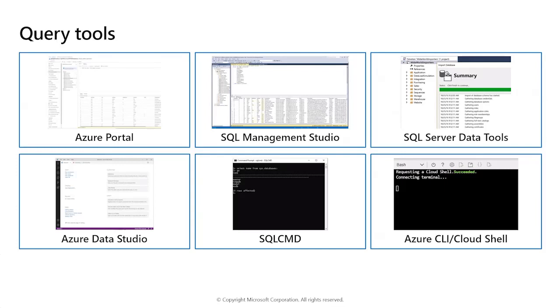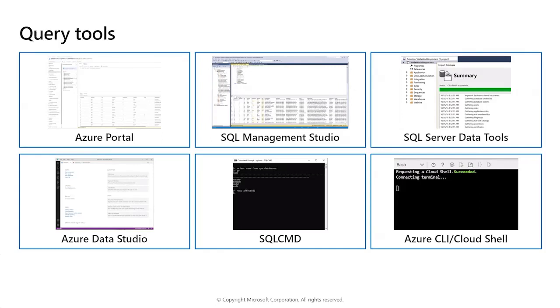The SQL Server Data Tools is a tool that you can actually use inside Visual Studio to connect to your Azure SQL databases. The Azure Data Studio is a graphical utility for creating and running SQL queries from your desktop. It's much more lightweight than the SQL Management Studio, and it's a great tool for connecting to your Azure SQL databases because that's what it's kind of built for.